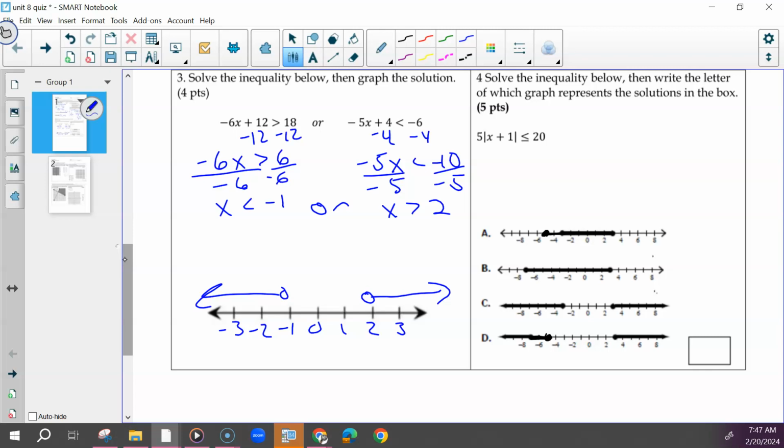And then for number 4, you could have done this. Starting off, you should have divided everything by 5. Leave it in the absolute value until you know it's isolated. Then create your two cases. If you know off the top of your head that this is less than or equal to, it's and, you can make your condensed case.